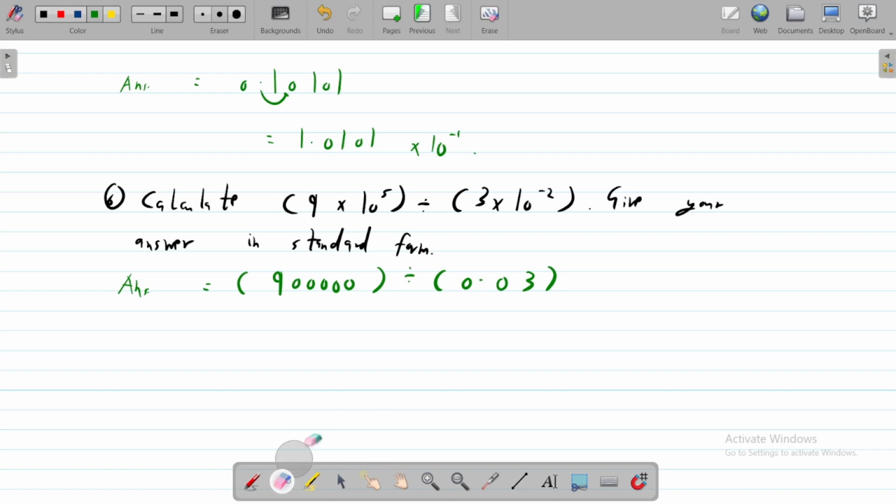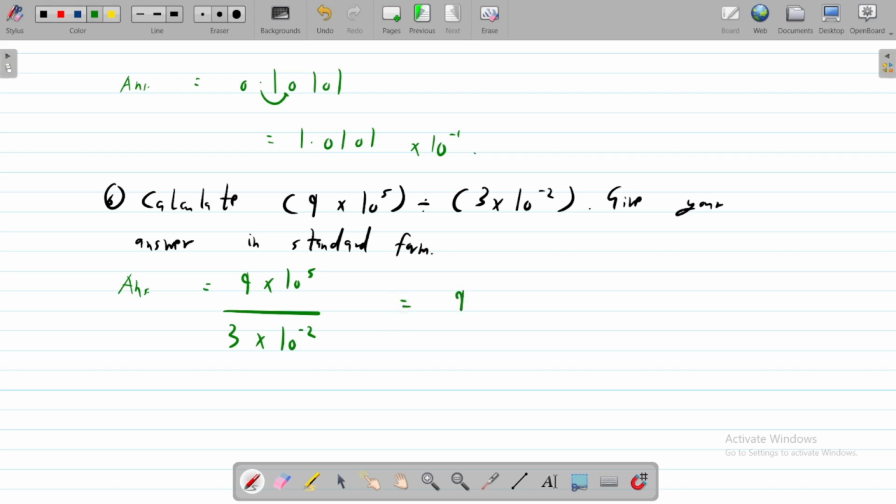Well, if you just go back and don't do anything with the powers, you just take them as they are. So that would be 9 times 10 to the power of 5 divided by 3 times 10 to the power of negative 2. Now I can write them both as this, right? 9 divided by 3 times 10 to the power 5 divided by 10 to the power negative 2. Does that make sense?